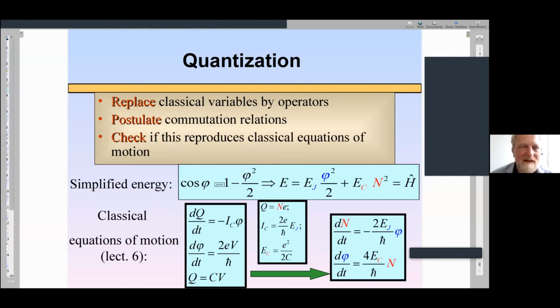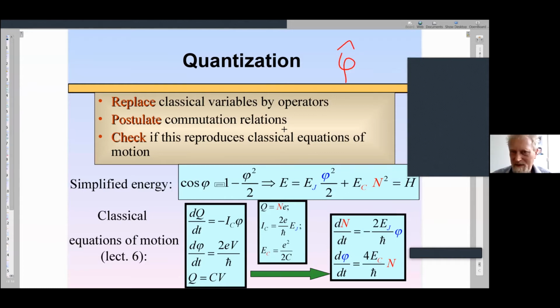Yeah, Valentin, I will react to your question. Just let me formulate what I wanted to say. Replace classical variables by operators. Kind of put hats on top of them, so phi becomes an operator. Then those operators could not commute. One would have to postulate commutation relations between these operators.